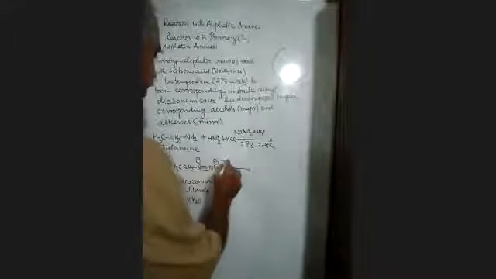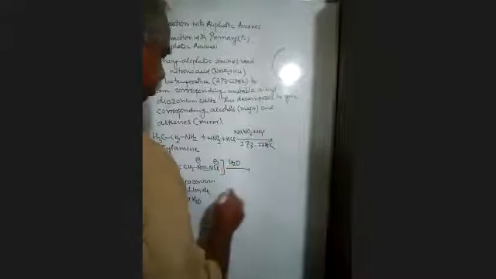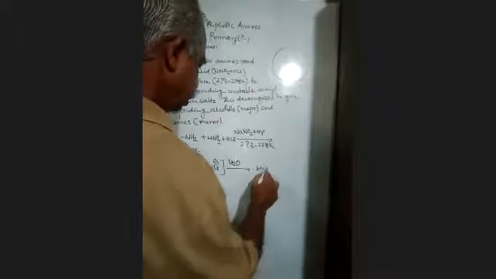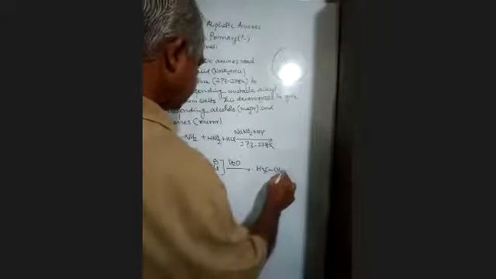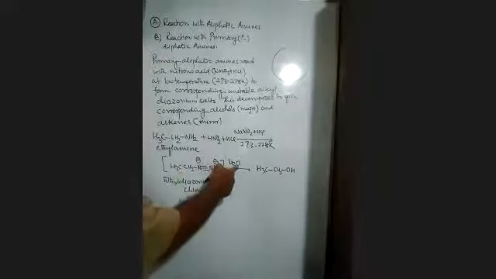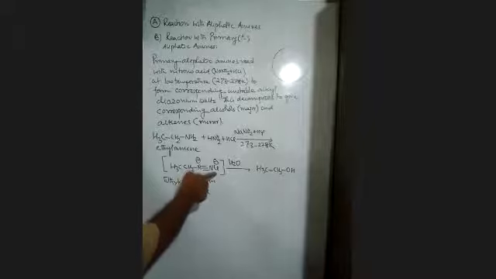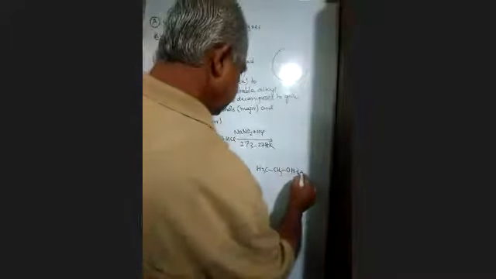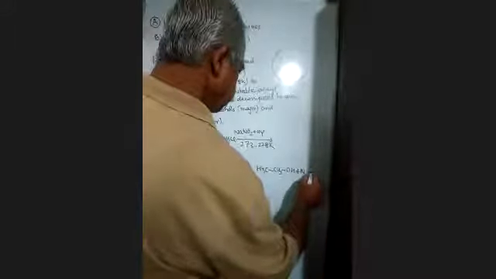So we'll write now here H2O. In your school exam, you write like this: the oxygen of water attacks here, so you get OH, and H plus goes with Cl, with the evolution of nitrogen. So we'll write now here N2 plus HCl.